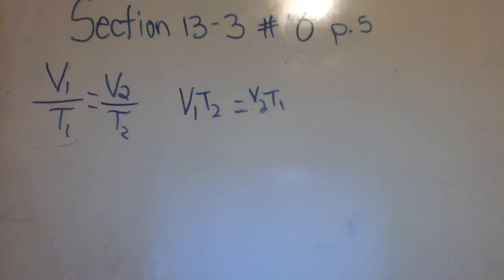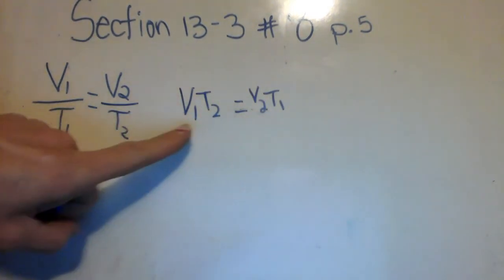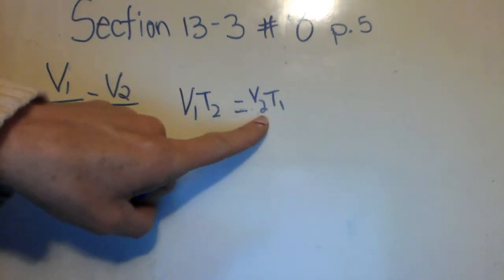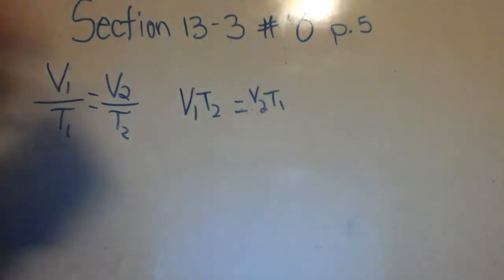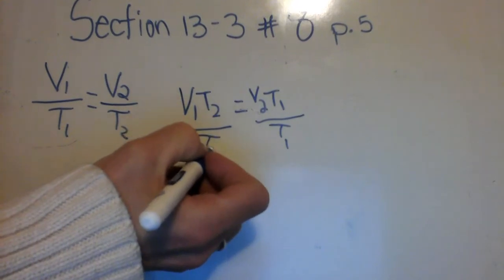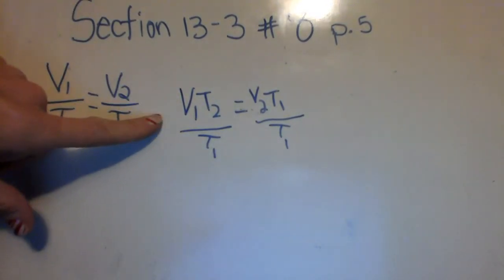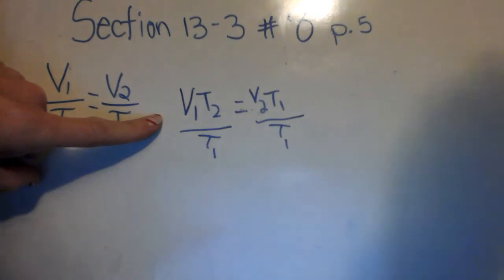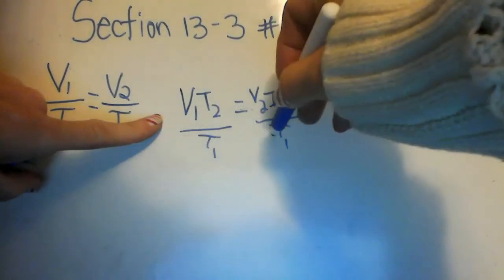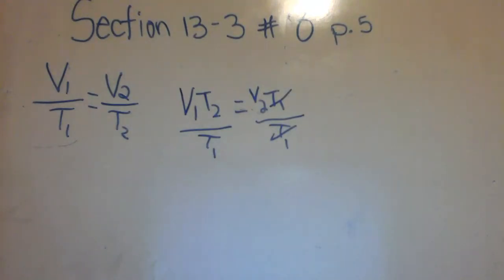Since we're solving for the second volume, we're going to divide both sides by T1 so that the volume 2 is alone. We see that the two T1s cancel each other out. That leaves volume 2 by itself.